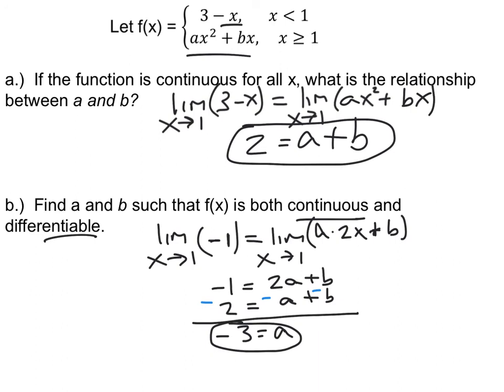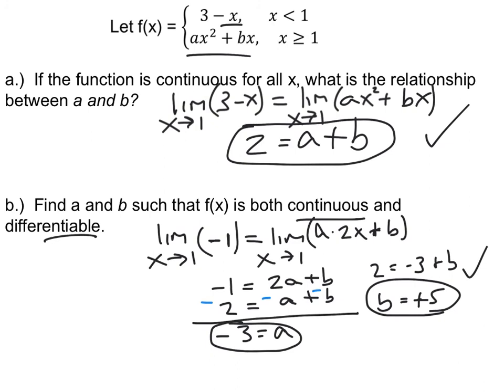If I substitute that into either of the two equations, I get b is equal to negative 5 if I solve. Nope, b is equal to positive 5. So there we go. That's my a and b value that will guarantee both continuity and differentiability. This function will be both continuous and differentiable everywhere, including at 1. Nice and smooth going through there.